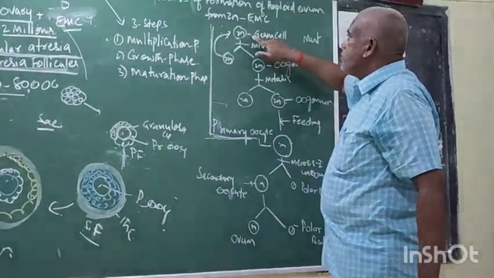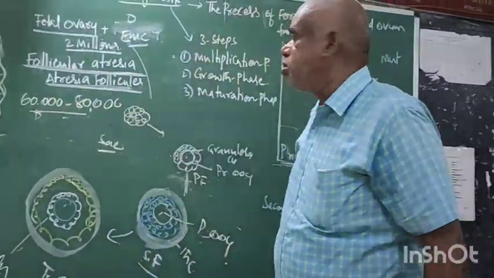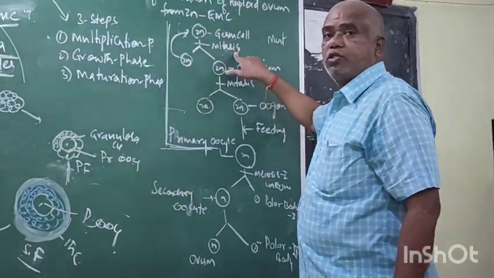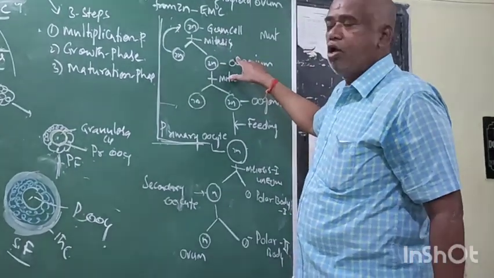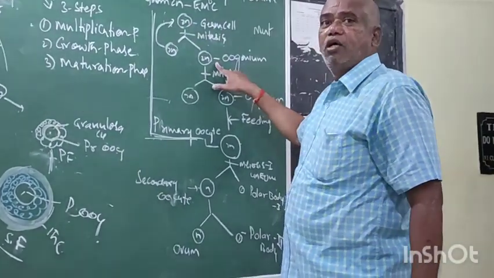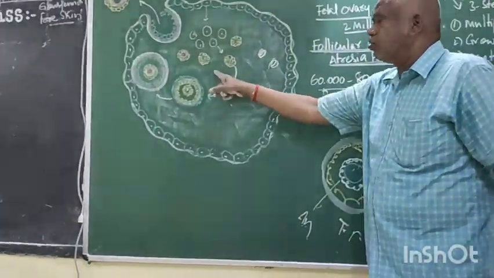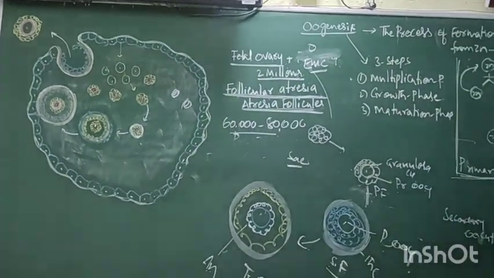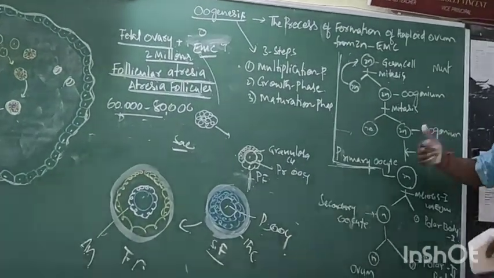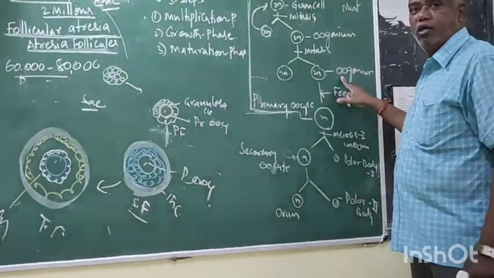Now, what is this? Germ cell. It undergoes mitosis to form two daughter cells. One daughter cell remains as a germ cell. Now what is the other cell? Oogonium, which falls into the center. This oogonium undergoes repeated mitosis and forms thousands of oogonia.